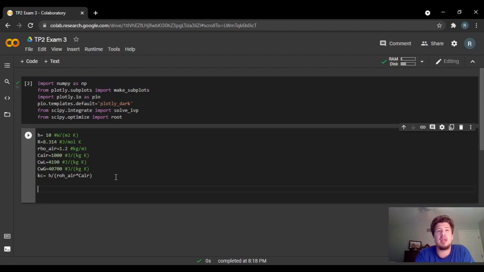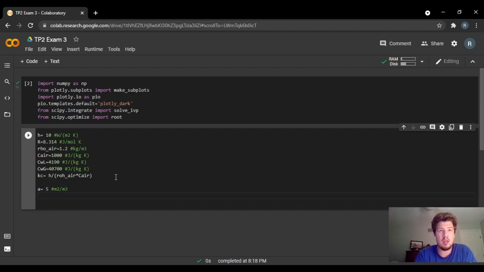We're given that the specific area for the packing, A, is equal to 5 meters squared per meters cubed. And then we were given the molecular weight of water. That was in grams, so you need to convert that to kilograms.